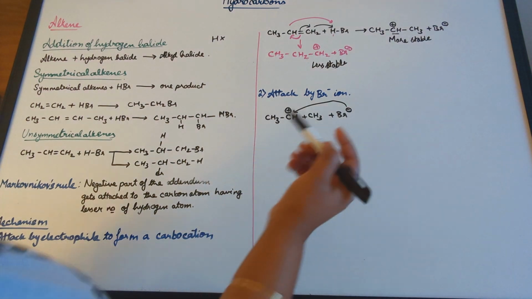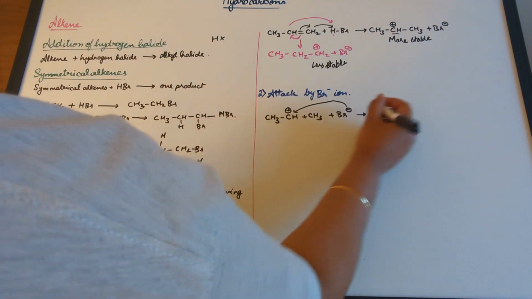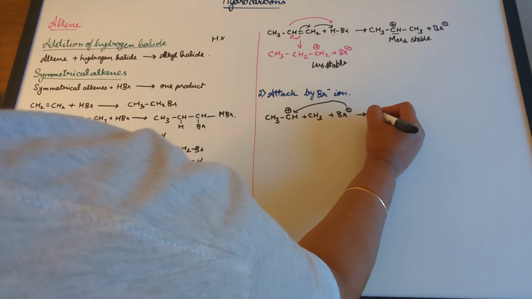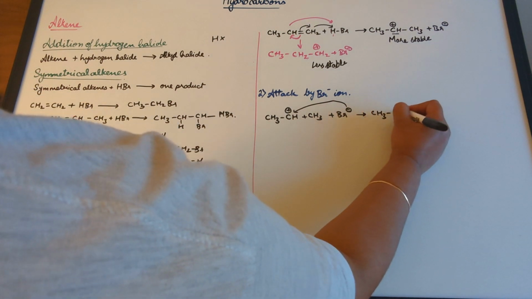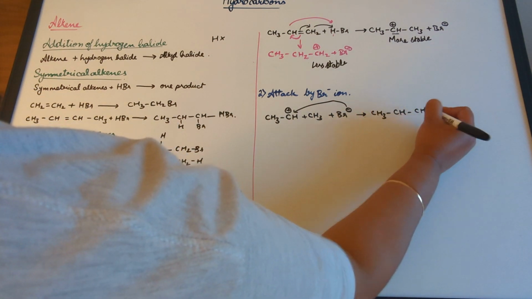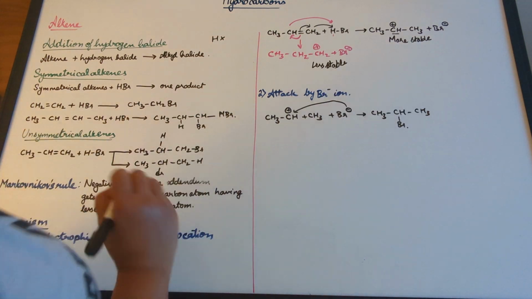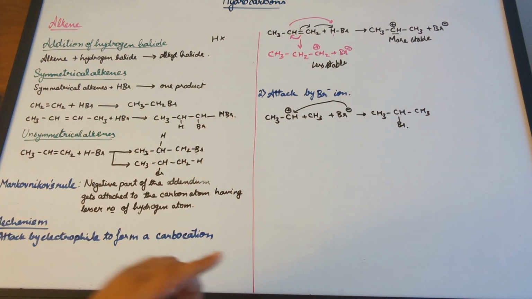So this leads to the formation of CH3, CH, CH3 and a Br. And if you notice, the negative part, that is bromine, attacked the carbon atom having fewer hydrogen atoms. So in unsymmetrical alkenes, that's where the issue comes in.